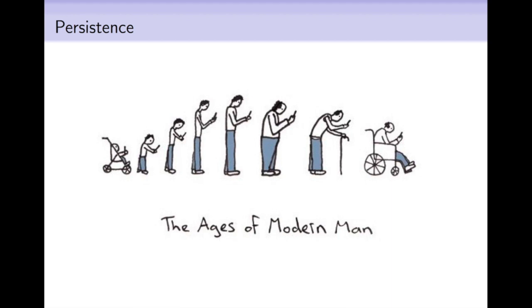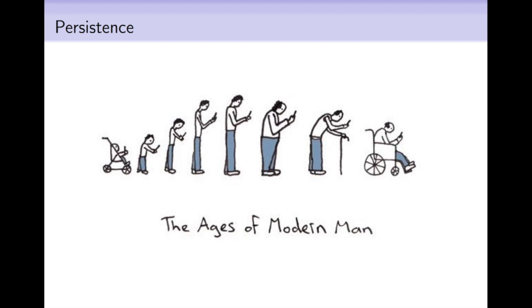But first, a quick illustration. If you think of this cartoon that shows a person aging over time, that's what it's supposed to represent. So you've got all the way from the baby in the pushchair to the old man in the wheelchair and all the stages in between. Then the perdurantist's idea, the four-dimensionalist idea, is that the whole of the person consists of all of these stages.